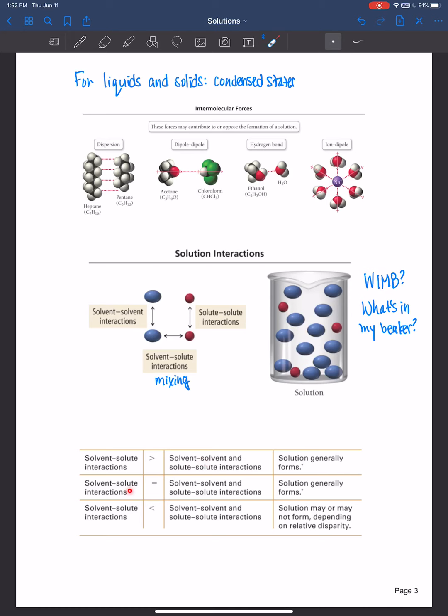Now, there may be a case where they're approximately equal to one another. And here it says the solution generally forms. It generally forms because, like on the previous page, when I talked about neon and argon, those gases and why they mixed, even though they didn't have intermolecular forces, it's because entropy drives the mixing forward.